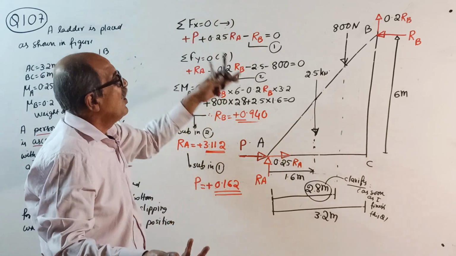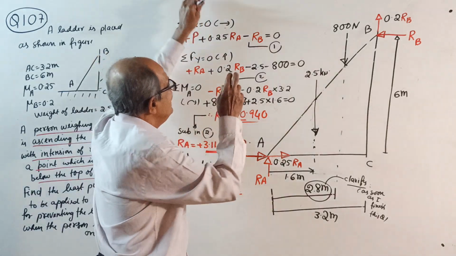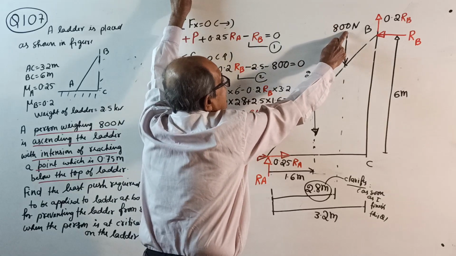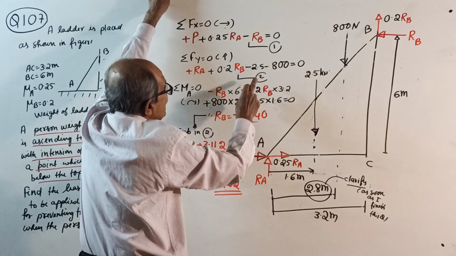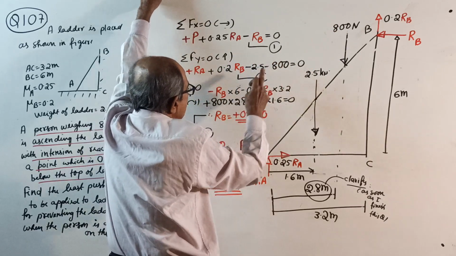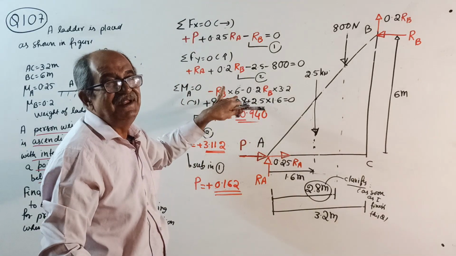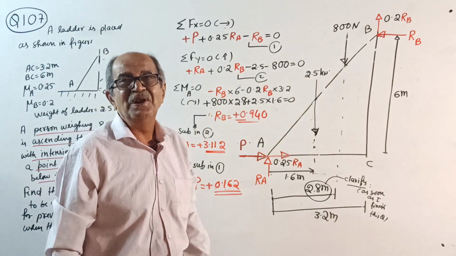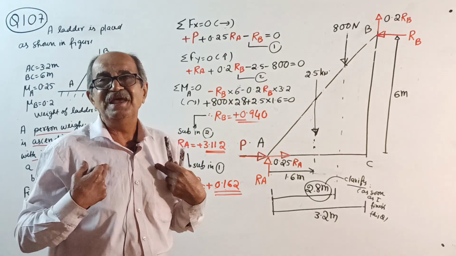Okay, now I am caught because my trapping almost failed, because I forgot to make the mistake here. Here I deliberately made a mistake. Here, 800: one in kilonewton, one in Newton. I deliberately made the mistake just to please people who want to be happy when I make a mistake.